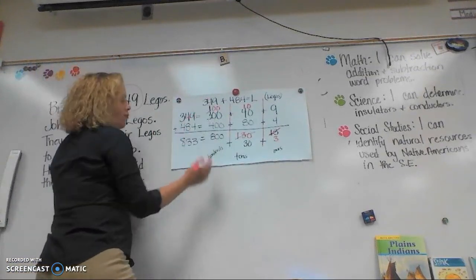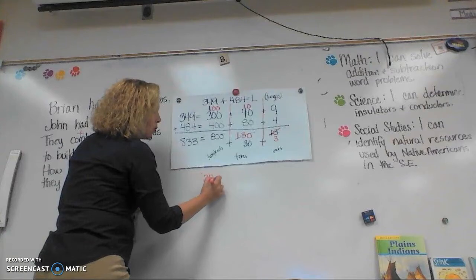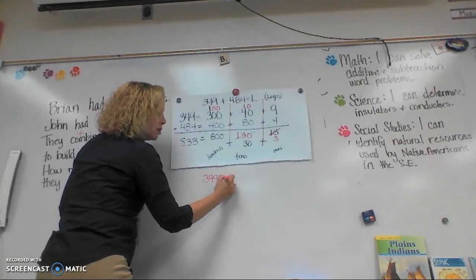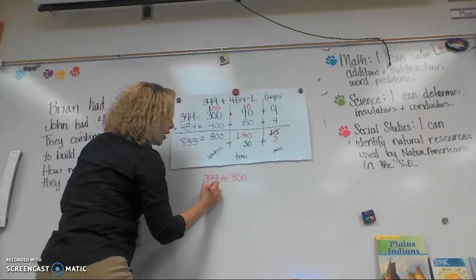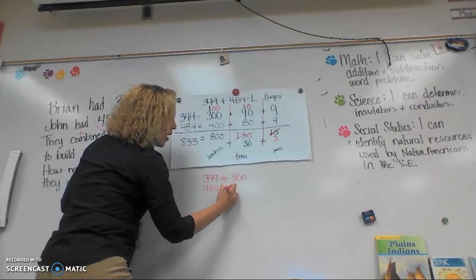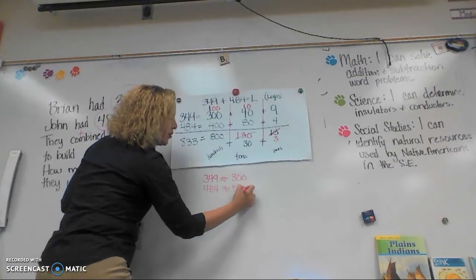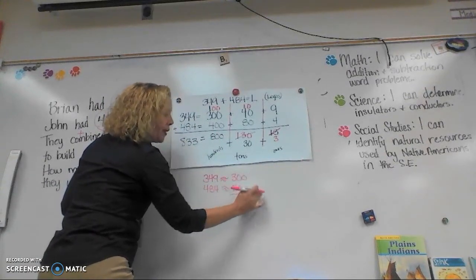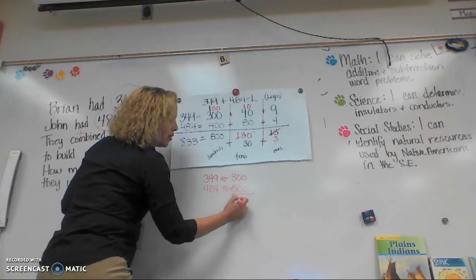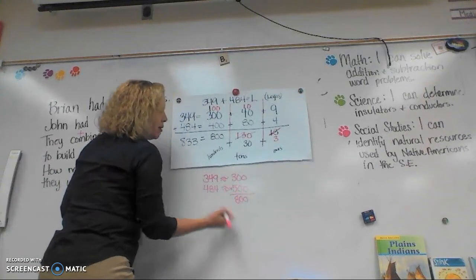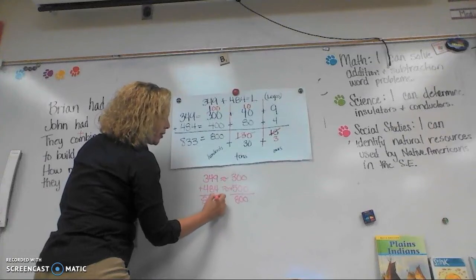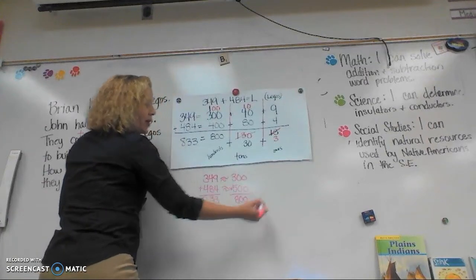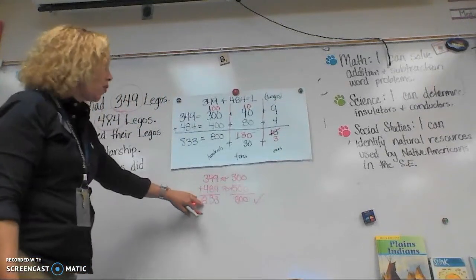So 349 rounds to 300 and 484 rounds to 500. And when we add 300 and 500 together, we get 800. So our answer of 833 sounds like it makes sense.